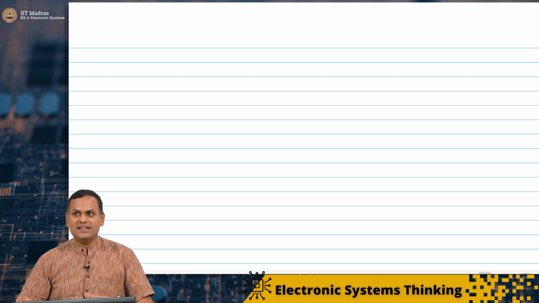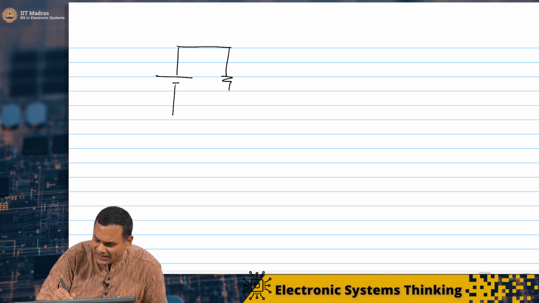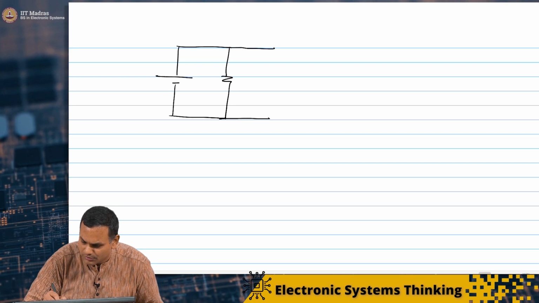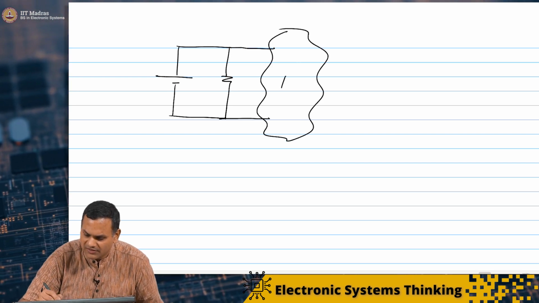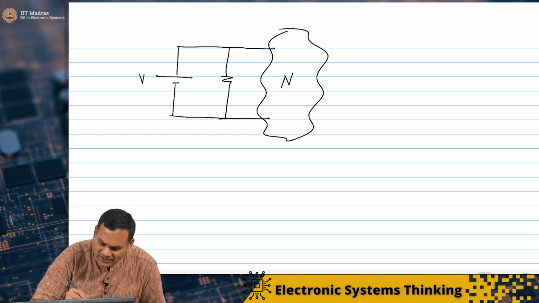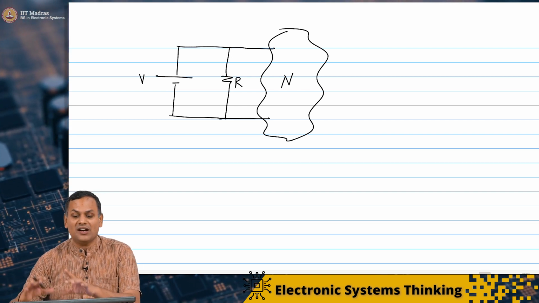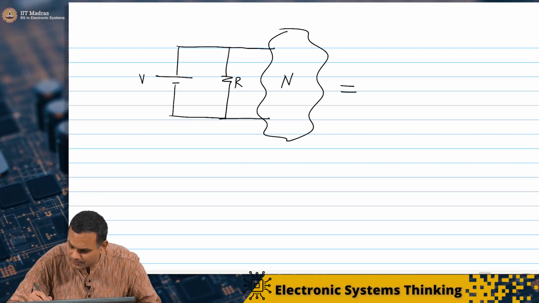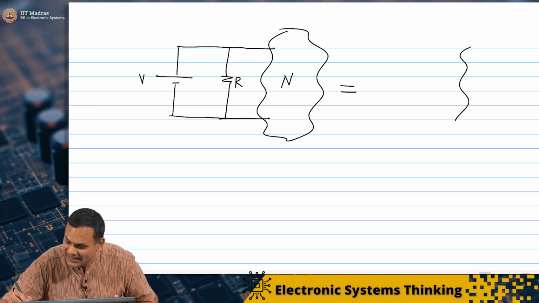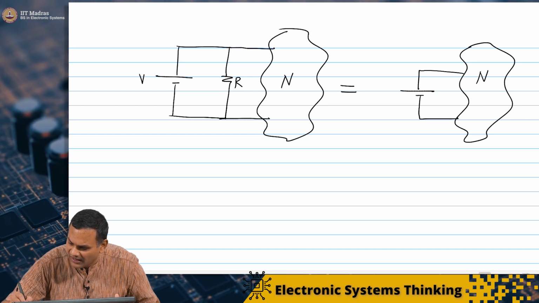The first one is to realize that if you have a connection like this and then you are connecting to something else, some network n, let us say, I am going to abstract out that network n, some voltage V and some resistor R. As far as the network n is concerned, this is exactly the same as having a voltage source without the resistance R.